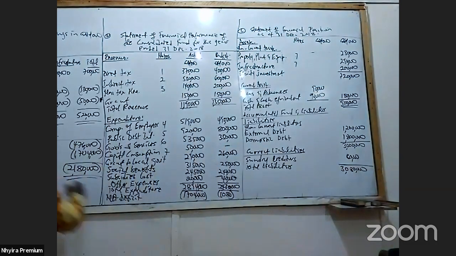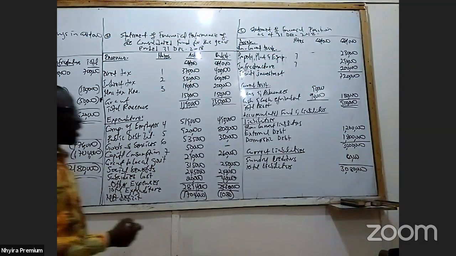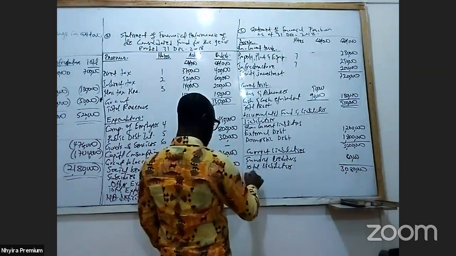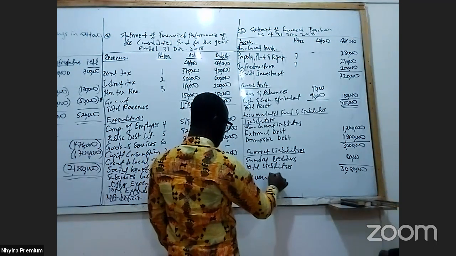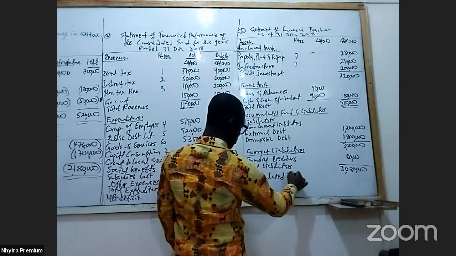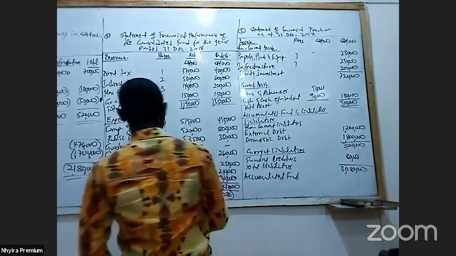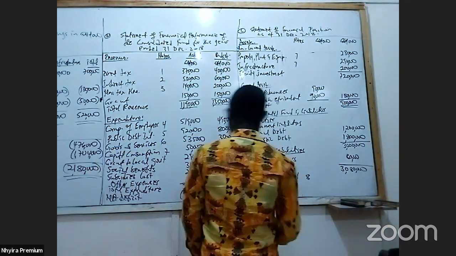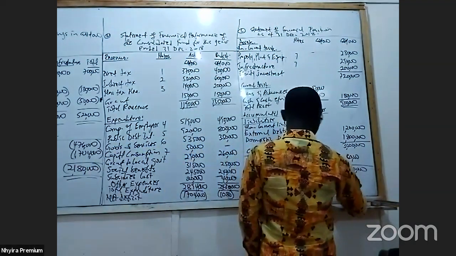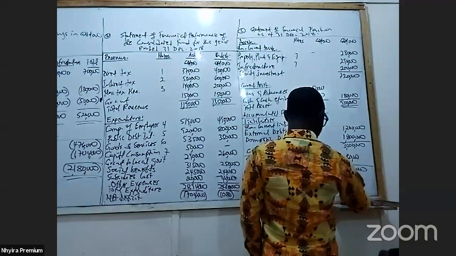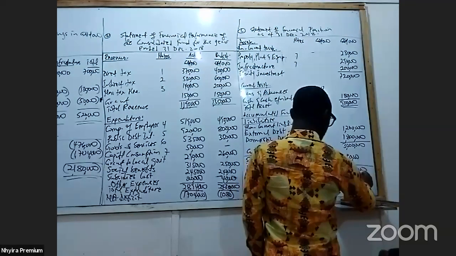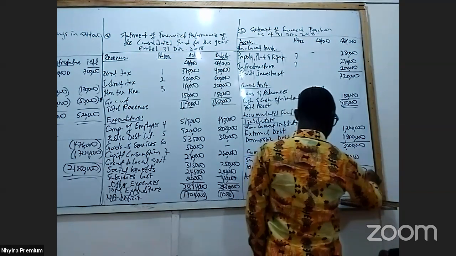Then we bring accumulated fund, which we did a workings for under workings 8. And that's -2,180,123. Okay, so it makes sense.